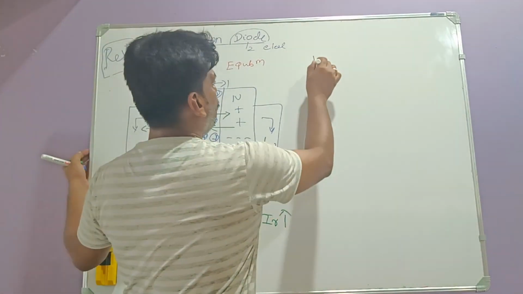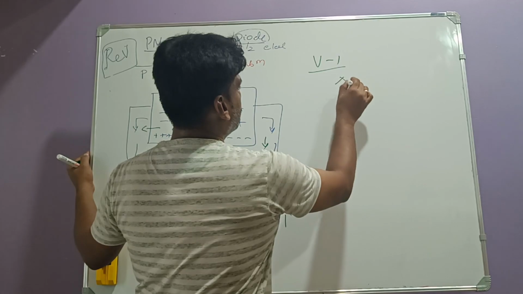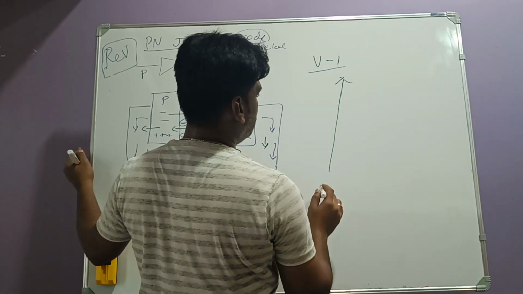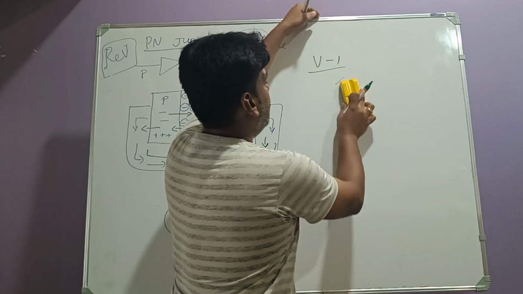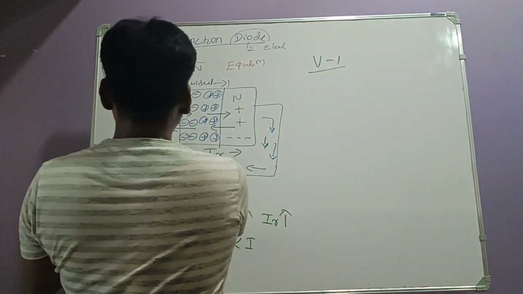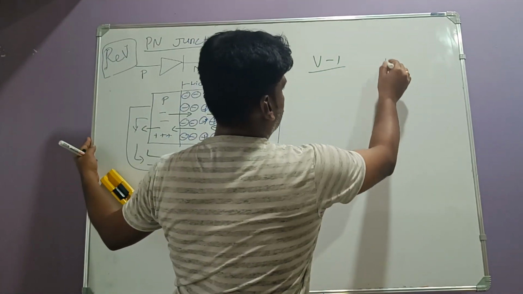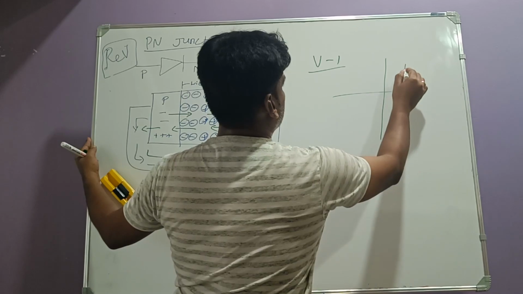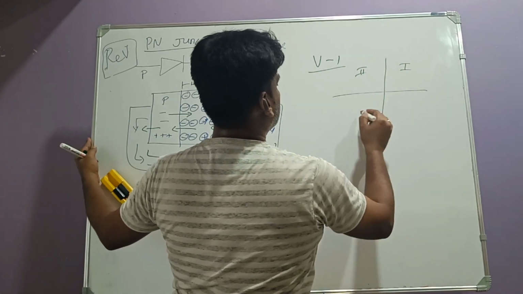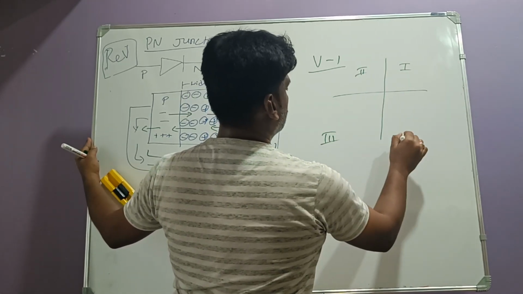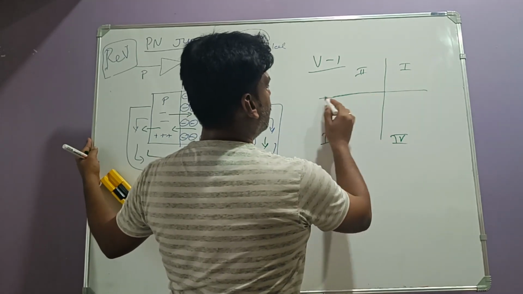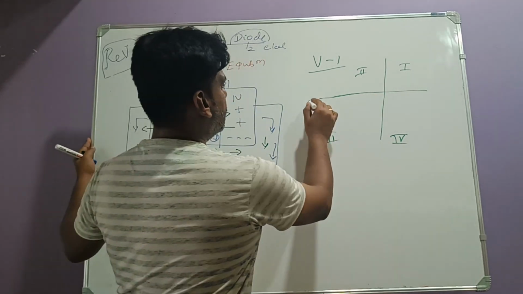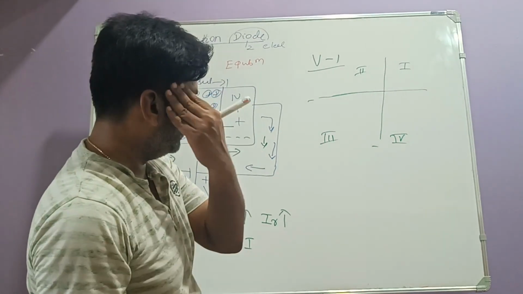So how to draw the VI characteristics? Since it is reverse, we will take the assumptions of V and I which are reverse, that is in the third quadrant. This is the first quadrant, second quadrant, third quadrant, fourth quadrant. We'll consider in the third quadrant both as negative, right?